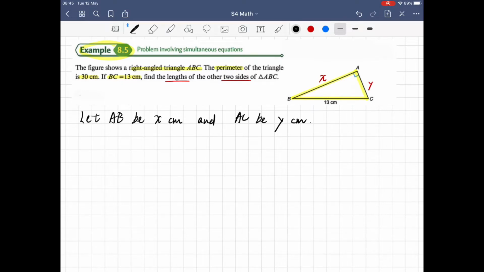Then we have to relate x, y to the information given in the questions. Okay, so the first information given in the question is the perimeter of the triangle is 30 cm. Okay, and the meaning of perimeter is 周界. So that means if I add all the sides up in a triangle, it is equal to 30.